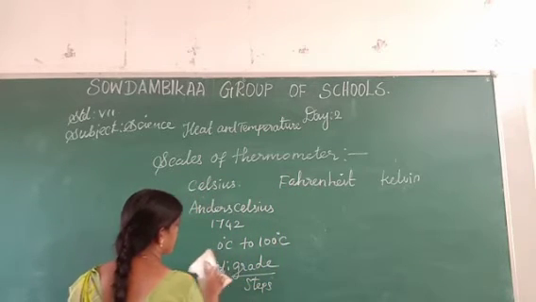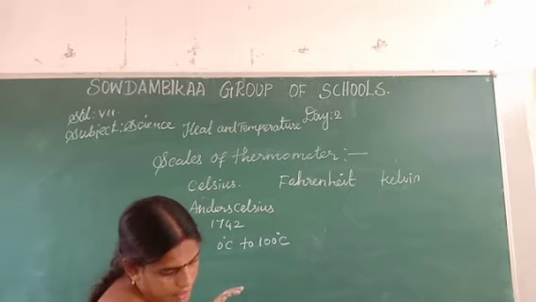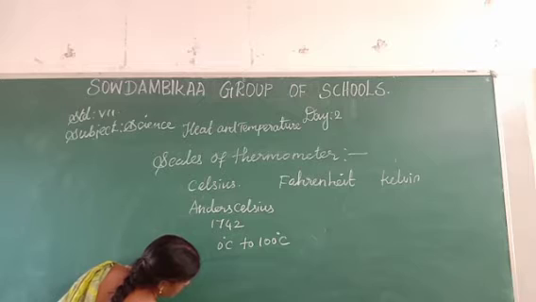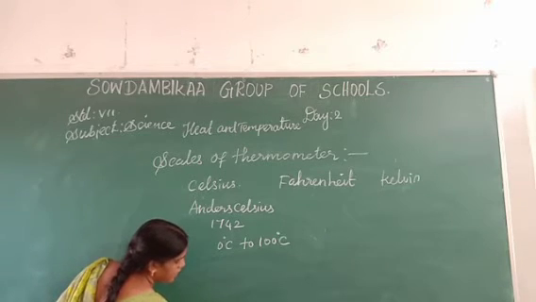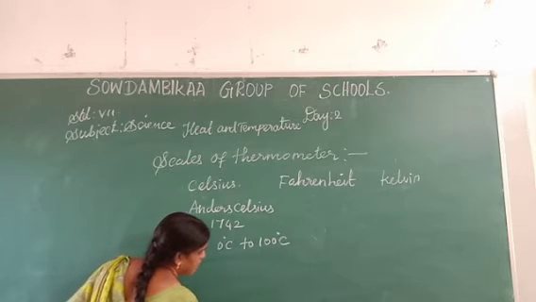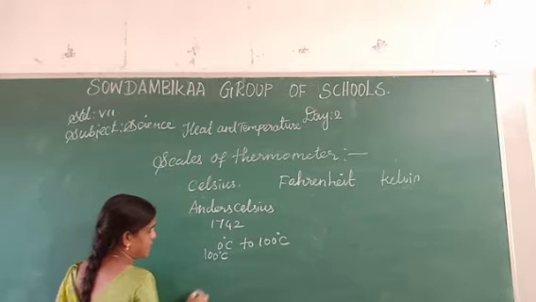In the Celsius scale, the lower fixed point is 0 degrees Celsius. The upper fixed point is 100 degrees Celsius.